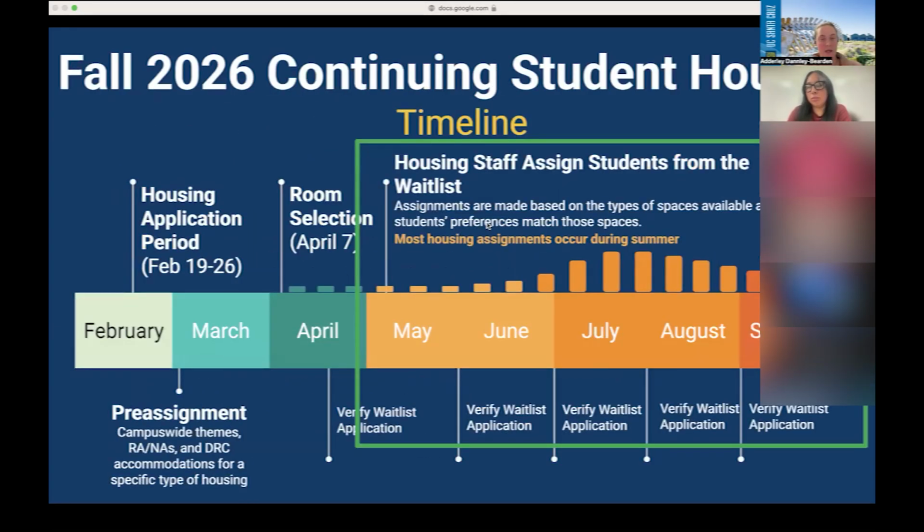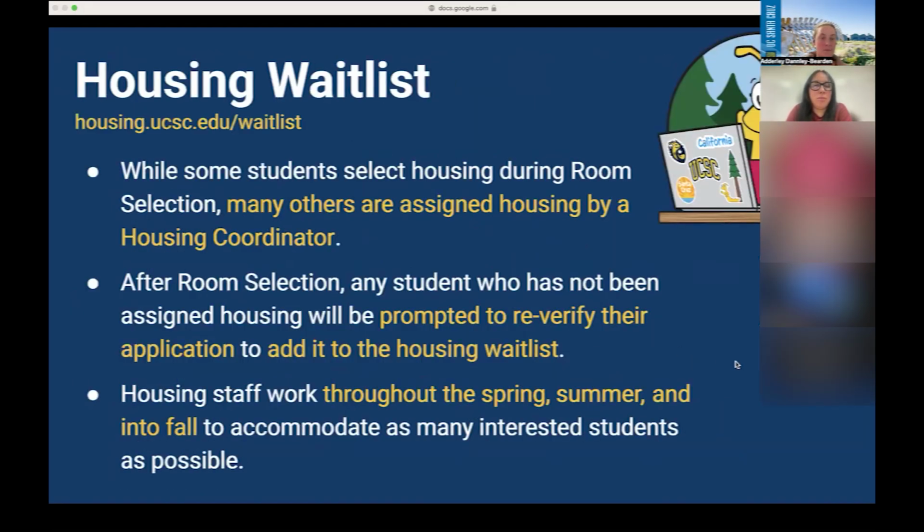So in terms of the timeline, we'll now move into a little bit about the wait list, which happens pretty much from the end of room selection through until the start of the next academic year. So if you're not able to select a space in room selection, a housing coordinator will work to place you into a space whenever space becomes available.